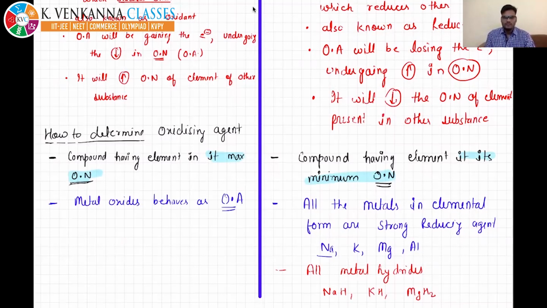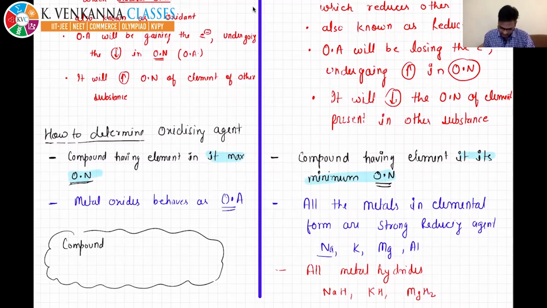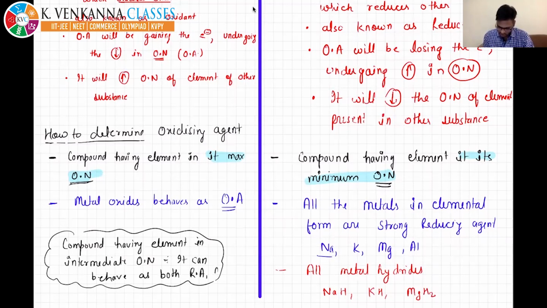If something is present in its intermediate state, a compound having an element in intermediate oxidation number, it can behave as both reducing agent and oxidizing agent.